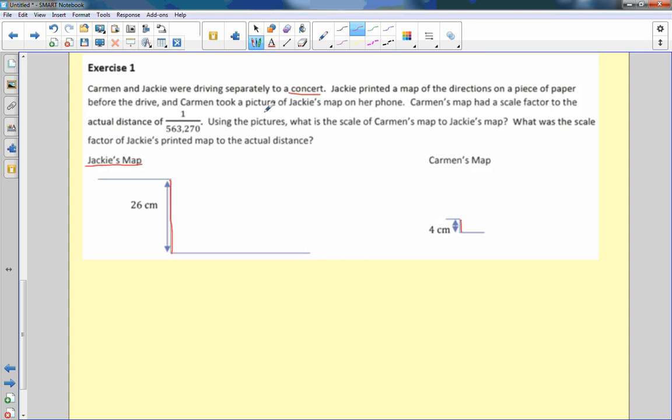The actual distance to the concert of the actual map was 1:563,270. I don't know if that's feet or what. It does not have a rate unit, but we'll continue. Using the picture, what is the scale of Carmen's map to Jackie's map? So we need a scale factor.